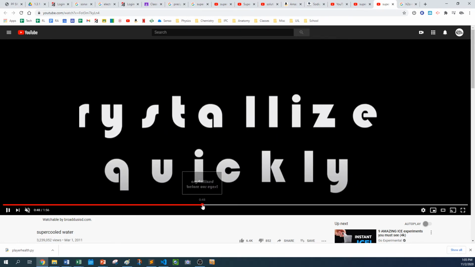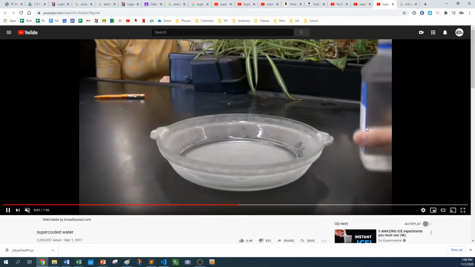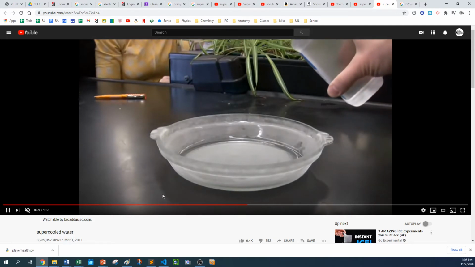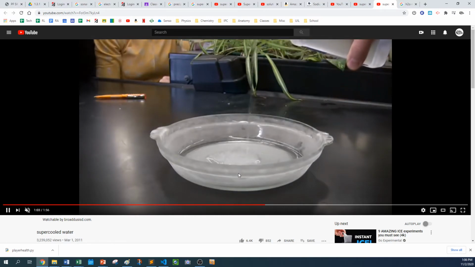Another thing you could do is we have super cold water and some ice here, so we have some starting crystals for it to grow off of. Again, because there's no crystals for the water to start growing at, it doesn't turn into ice. But as soon as you pour it on some crystals, they will start building off of each other.